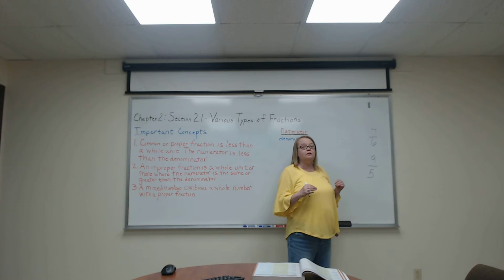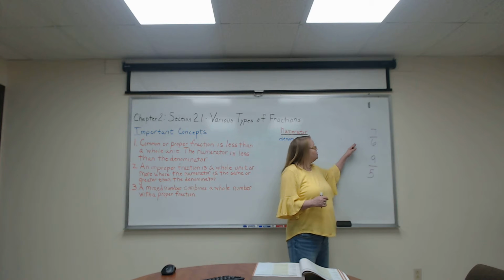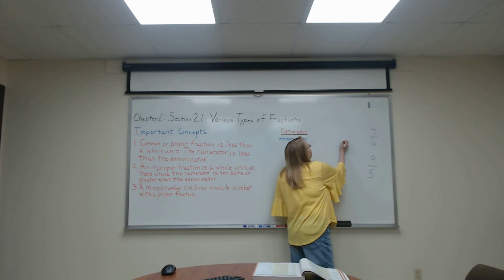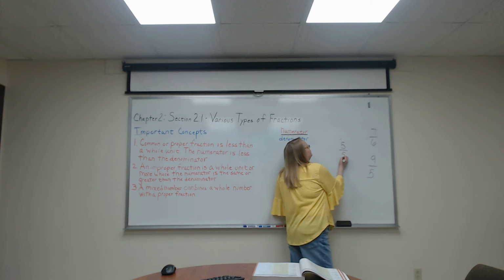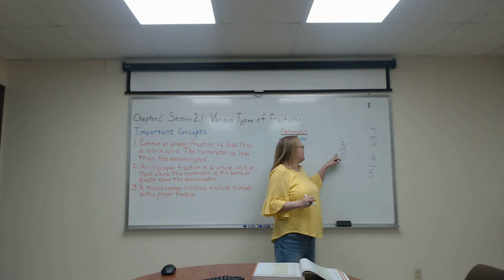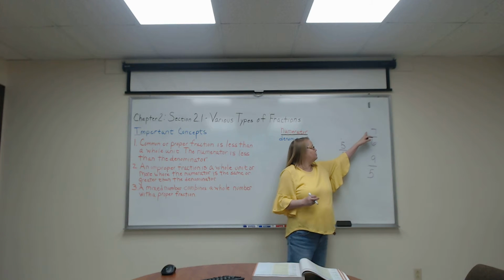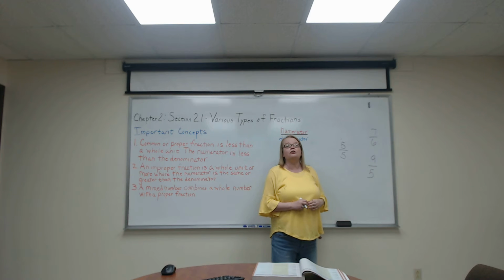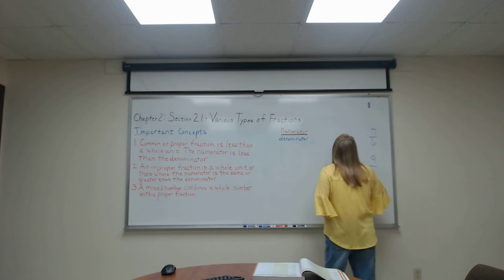But for now, our focus is on just being able to identify the different types of fractions. So we know now that anything where the numerator is the same as the denominator, or the numerator is larger than the denominator, those are called improper fractions.